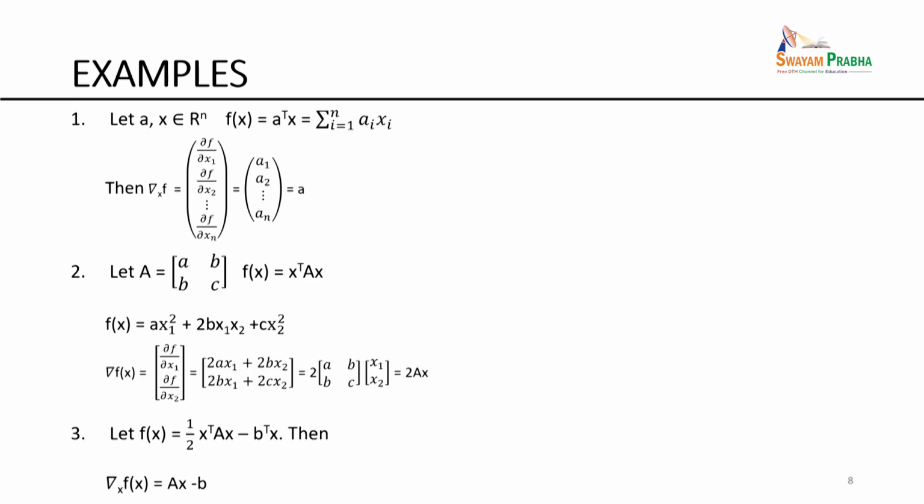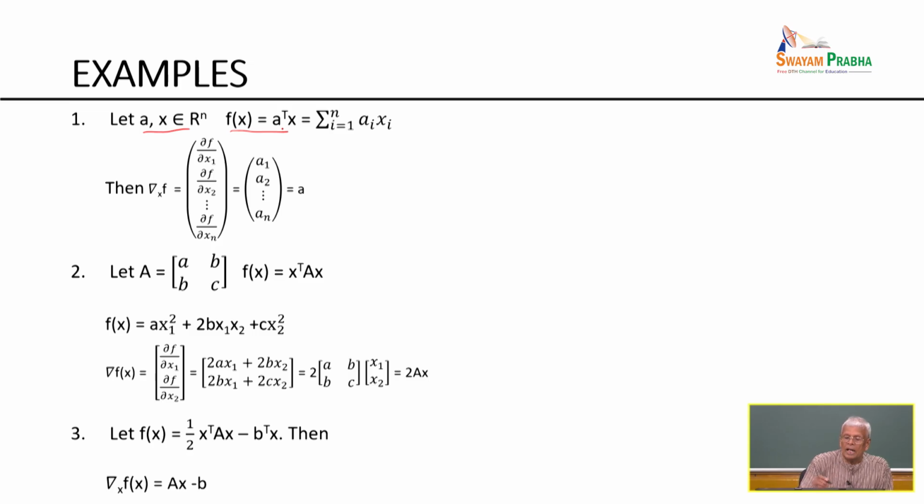Now I'm going to give you some quick examples. Let a and x be vectors. Let f of x be equal to a transpose x, which can be written as the summation of xi ai. So what is the gradient of that? The partial of f with respect to x1, x2, xn. The partial of this with respect to x1 is a1, with respect to x2 is a2, with respect to xn is an, and what is that? It is a. So I got the first formula for multivariate calculus.